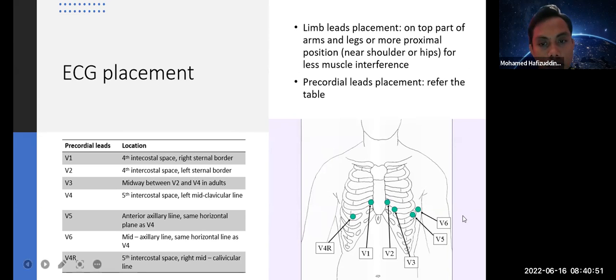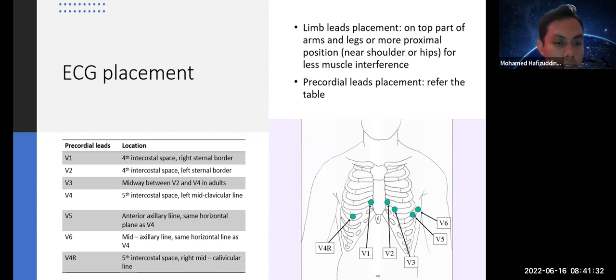Next is precordial placement. As you can see in the table, it is more or less the same as an adult. For V1 and V2, we place on the fourth intercostal space, V1 on the right sternal border and V2 on the left sternal border. Then we first place the V4 at the fifth intercostal space at the left mid-clavicular line, and then we place the V3 midway between V2 and V4.